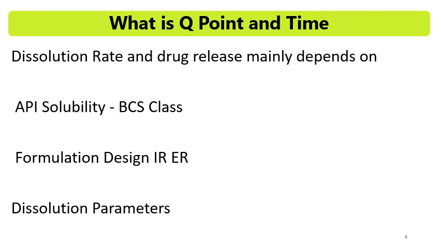Dissolution rate and the drug release mainly depend on the API solubility and BCS class, which is well known to pharmaceutical professionals. It also depends on the formulation design, which may be IR, ER or delayed release or some other modified release formulations, and the dissolution parameters.